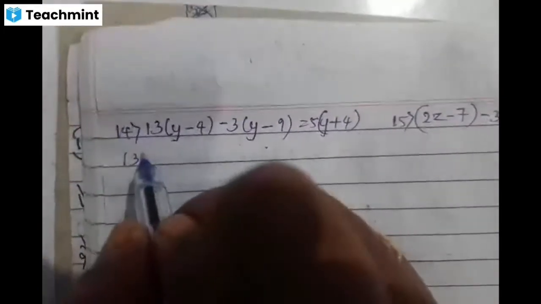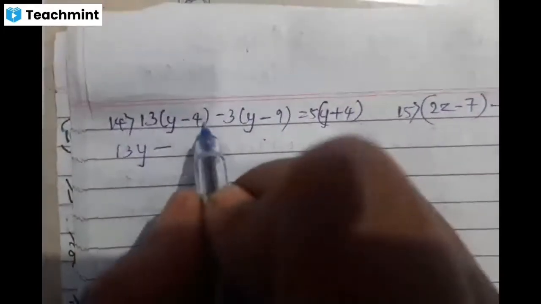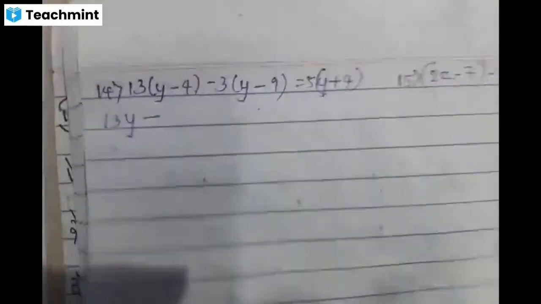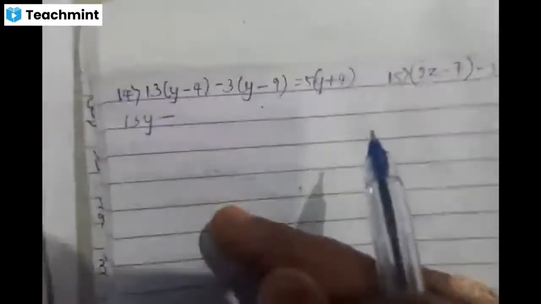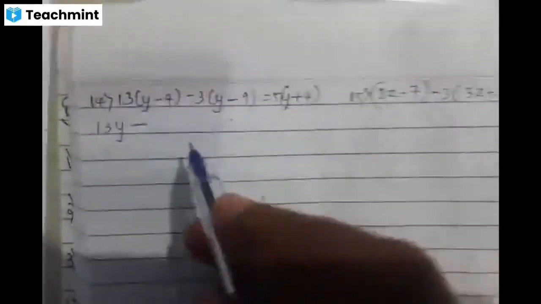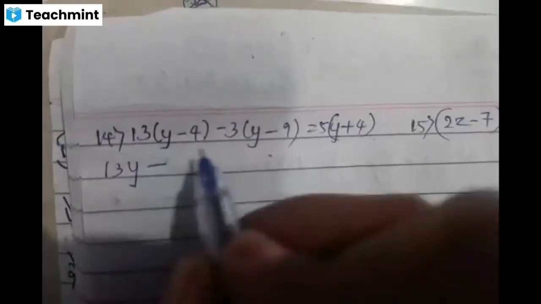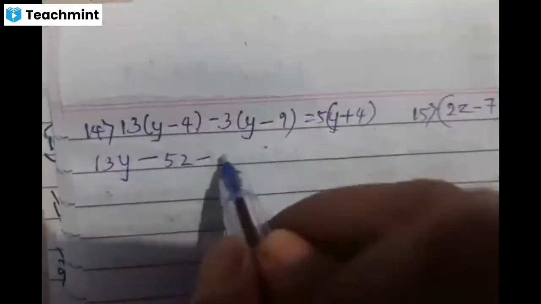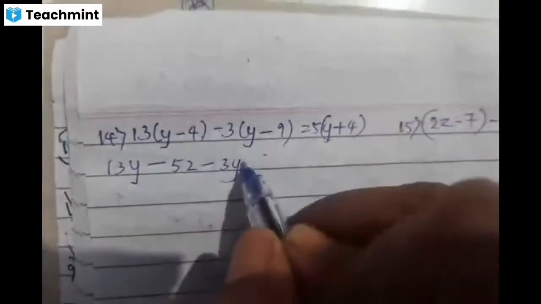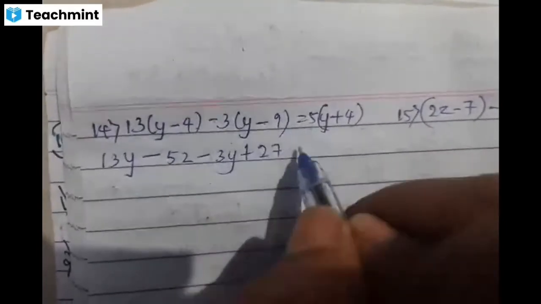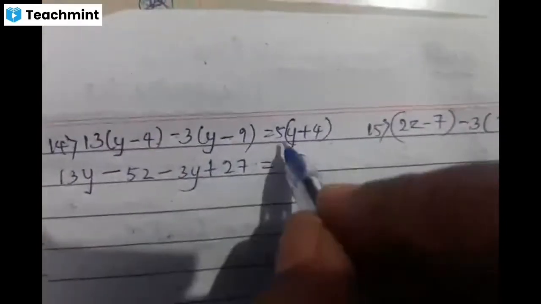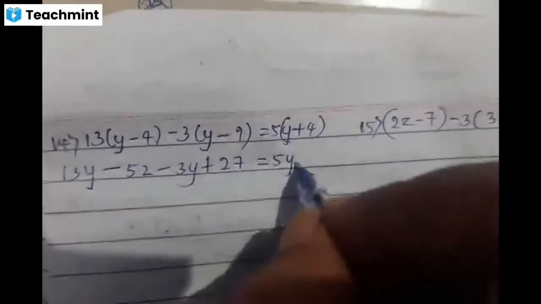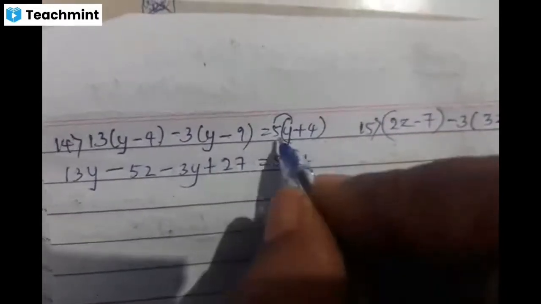You have to multiply the outside term with the inside term. 13 into y is 13y minus as it is 13 fours are 52, minus 3y, minus into minus is plus 9 threes are 27. In the right hand side, we have 5 into y, that is 5y, plus 5 fours are 20.